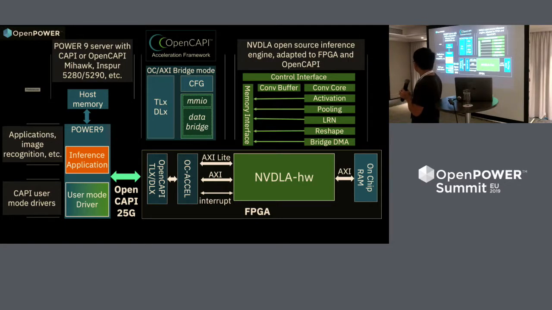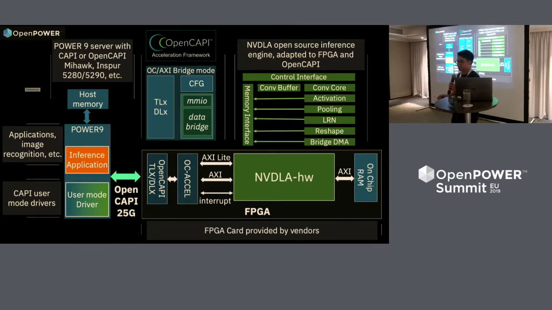And then on top of the drivers, we have the real inference application, which is going to perform image recognition and image classification workloads. And then for the FPGA card, we can choose cards from different vendors. Right now, we don't have too many choices, because for OpenCAPI, we have Alpha Data 9V3, 9H3, and 9H7.